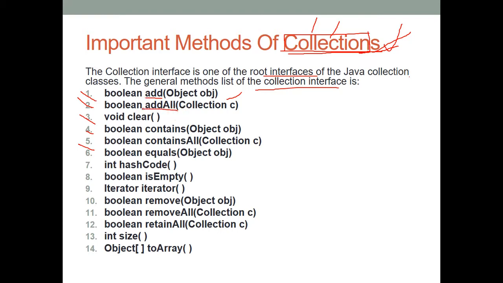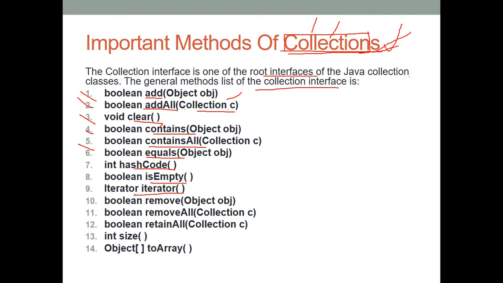AddAll, we can add a collection object. The clear method, you can remove everything. Contains, it means you can find out something. ContainsAll, you can find out something. Equals, you can compare this. HashCode, we can print the hash code of the collection. IsEmpty, you can check whether it's empty or not.